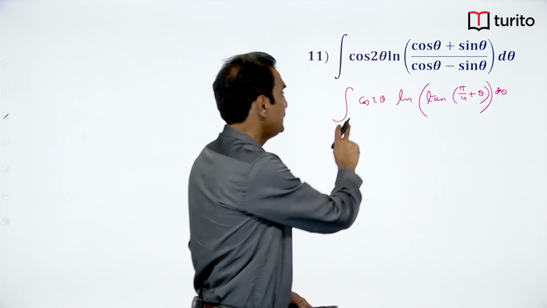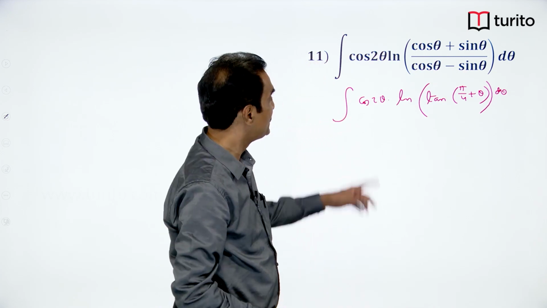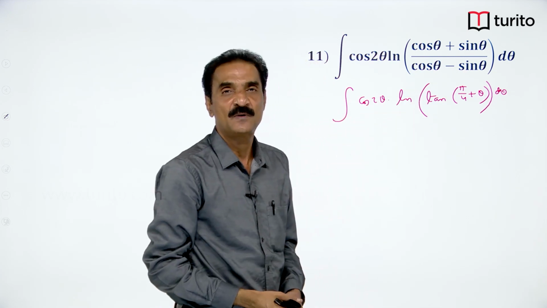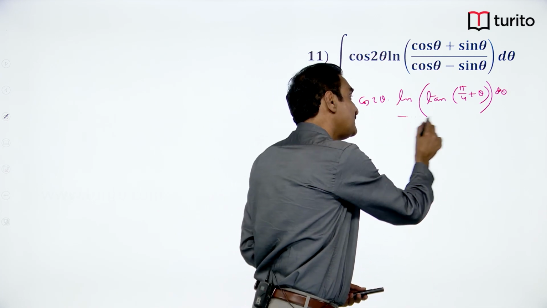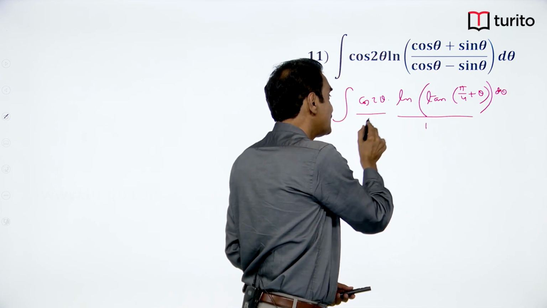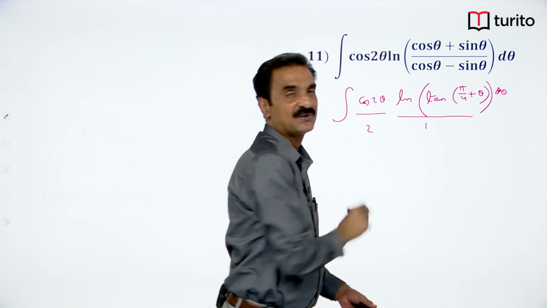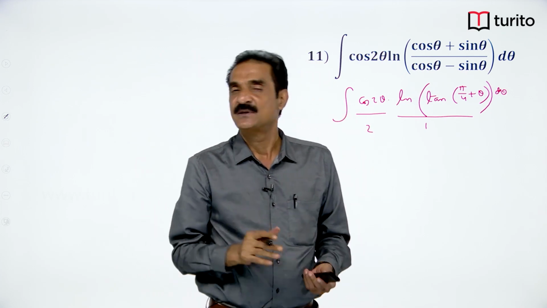Now, these two are dissimilar functions, one is trigonometric, another is logarithmic. So, what will you do? Integrate by parts by taking the logarithmic function as first function, cos 2 theta as second function. Integrate by parts, you will get it.